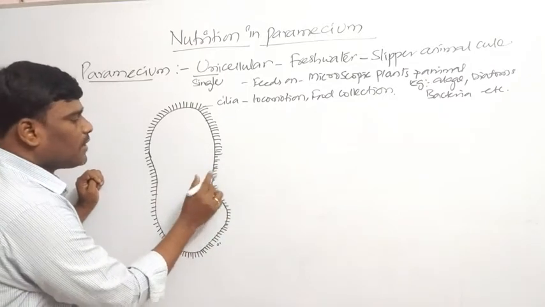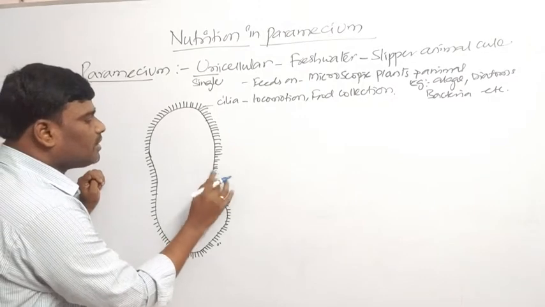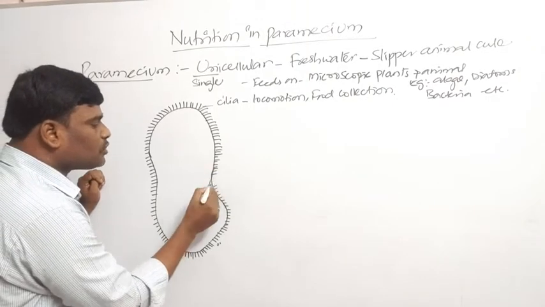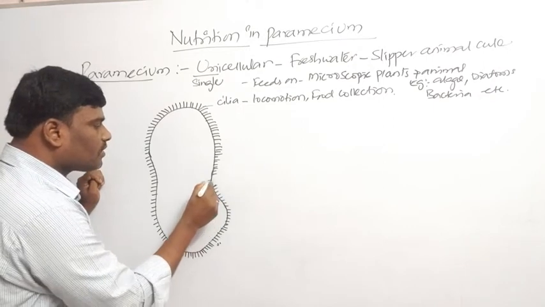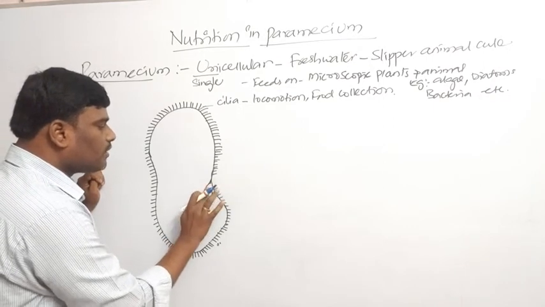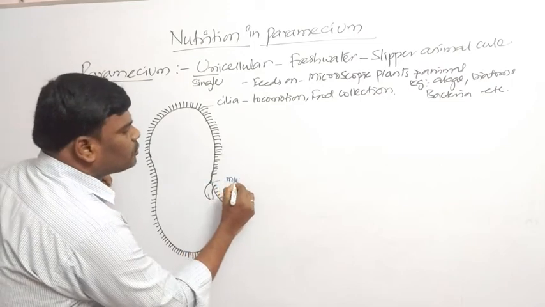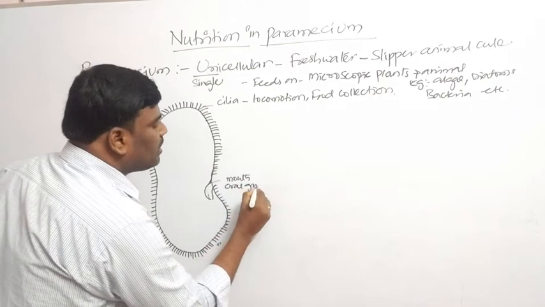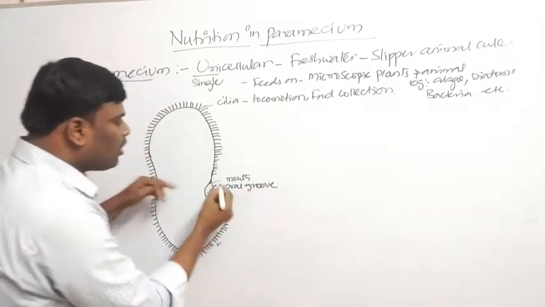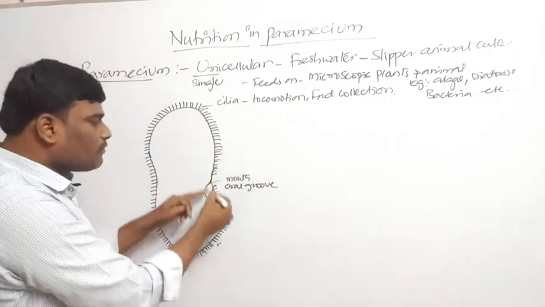So this is a mouth, children. In the middle of this Paramecium, there is an opening called what? Mouth. This mouth is called the oral groove, a small depression in the middle of the Paramecium.